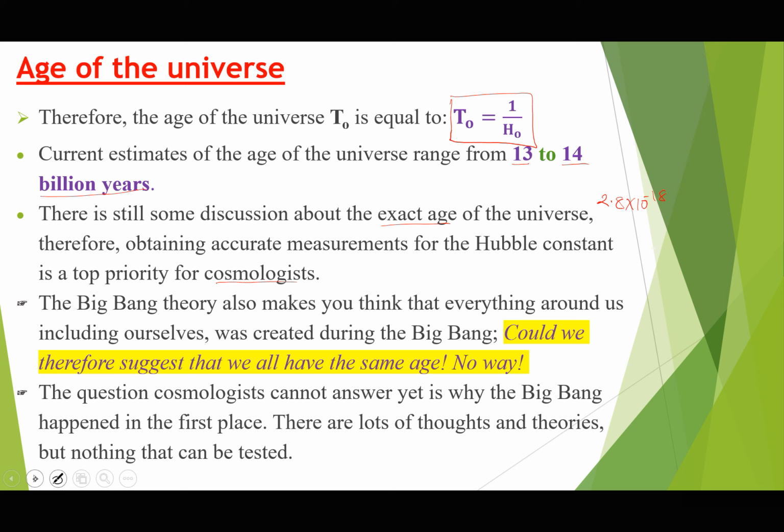Even though we have evidence of the redshift, it's not enough evidence for us to conclude that the Big Bang is conclusive and final. So there are several theories which have not yet been tested, but astronomers and cosmologists are doing everything possible to verify and prove to the world that the Big Bang should be accepted.